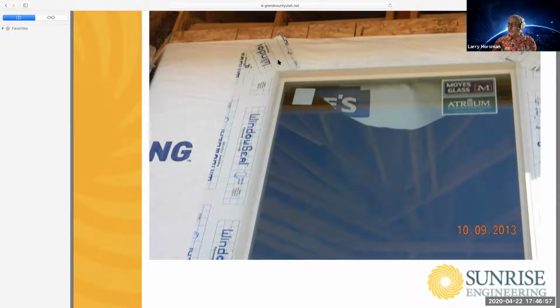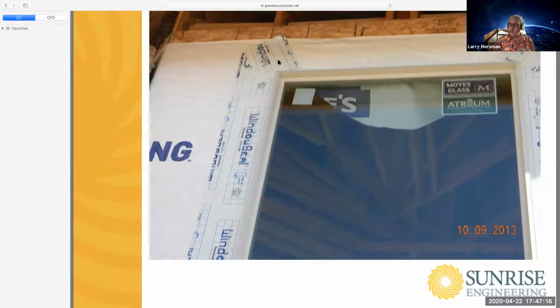window flashing. So the normal stuff, we call it sisal craft, is a bituminous based material with a paper facing. And so that's the cheap stuff. But because of all the lawsuits, you are now supposed to install the window per the manufacturer's instructions.